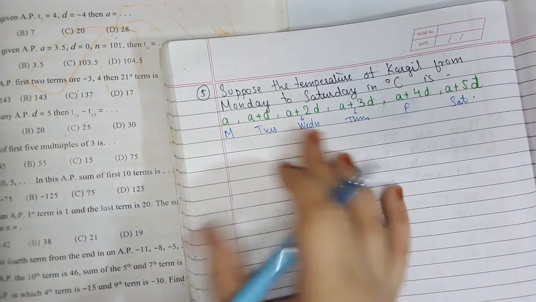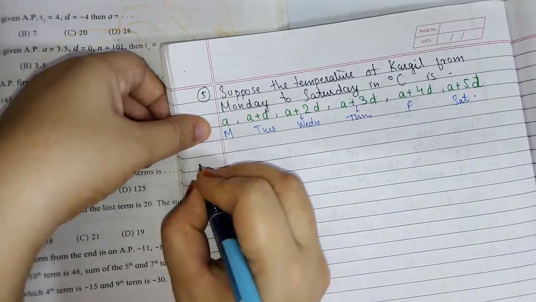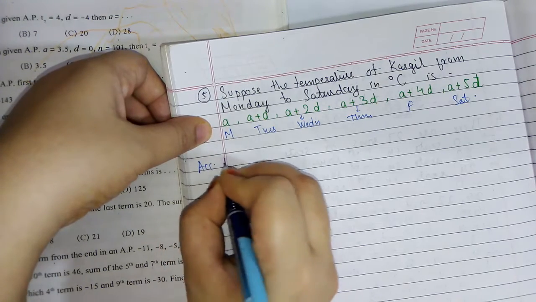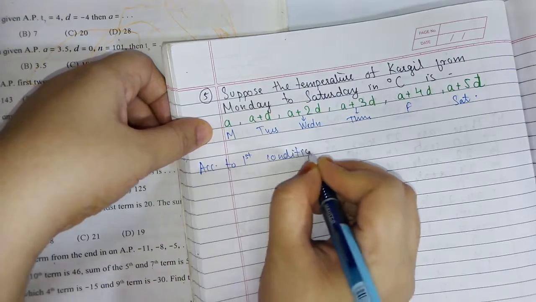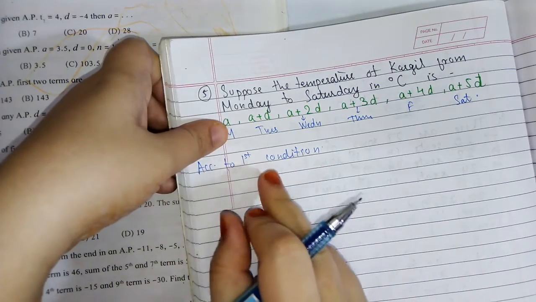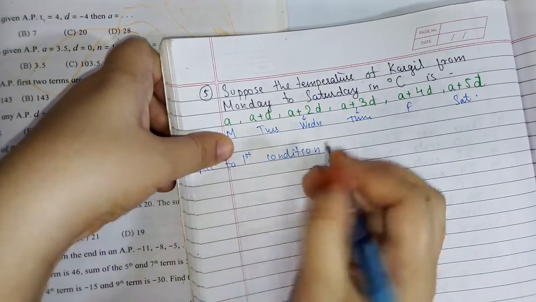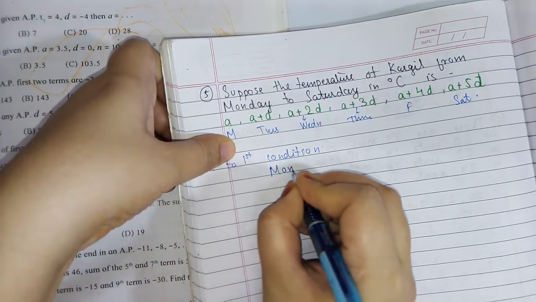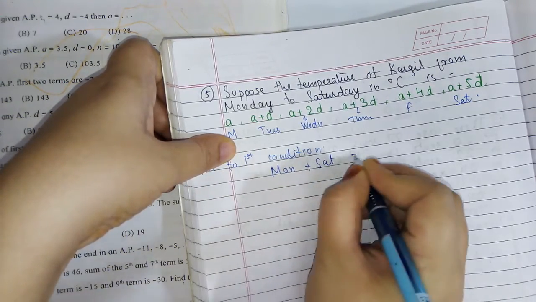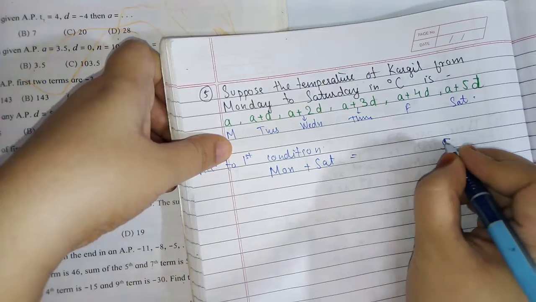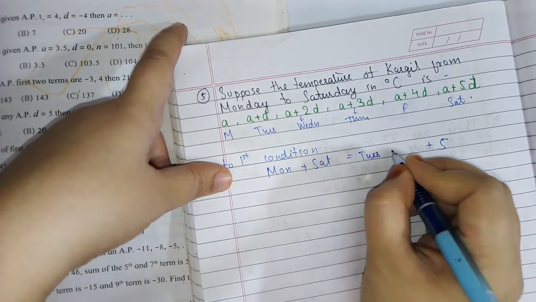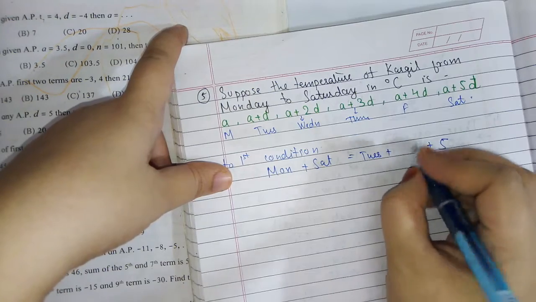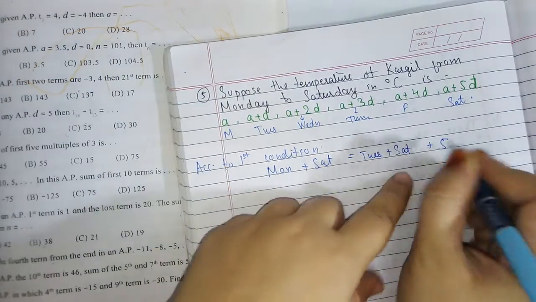So according to condition number 1, what is our first condition? The sum of temperature of Monday and Saturday is 5 more than the sum of temperature of Tuesday and Saturday, so plus 5.